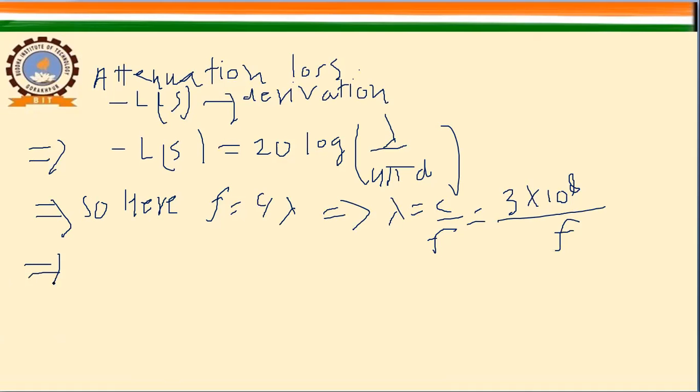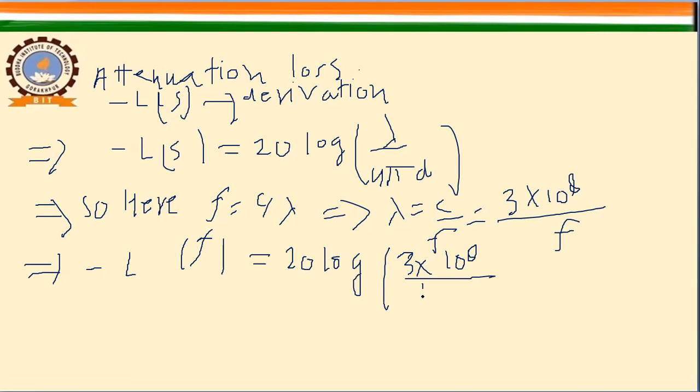So we rewrite putting all the terms and equations in the form of frequency. So it is the 20 log of 3 into 10 to the power 8 divided by 4 pi into 1 upon frequency.